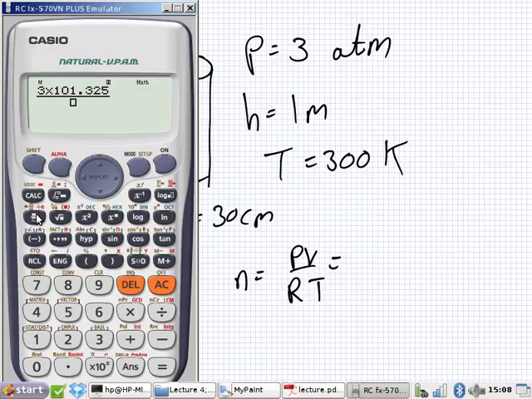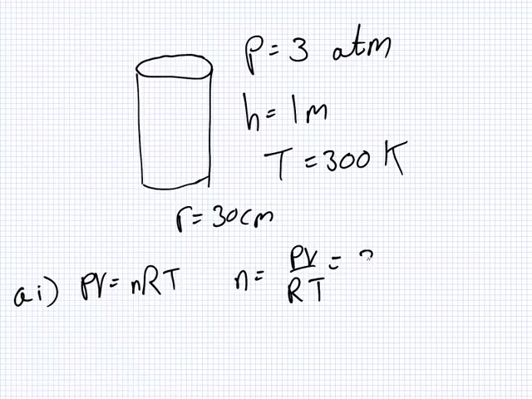Is that an atmosphere? Yeah. Times the volume, and the volume of a cylinder is pi r squared h, over the ideal gas law constant times the temperature in Kelvin. So in total we get 34.48 roughly moles.